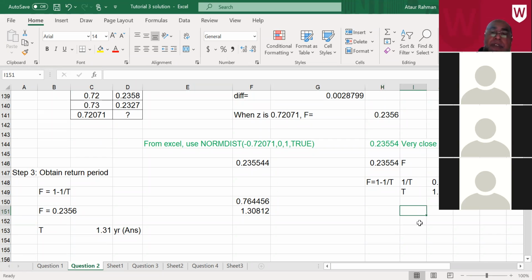Z equals the given flow X minus mean, divided by standard deviation of the data. That is the equation to find the Z. Once you know the Z, then to find the probability F, we use this equation. You see, Z is written here.